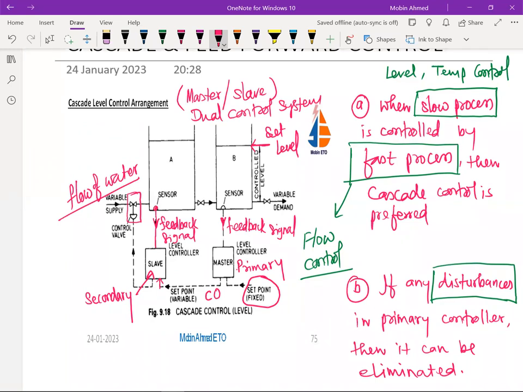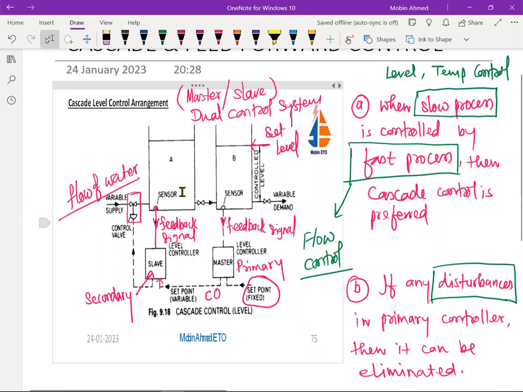Because here we are going to use two controllers, you can see 1 and 2. So that's why the dual closed loop control system, that is the name that is given to this. So either it is going to be the cascade level control, or we say master slave, or the dual, all are same.